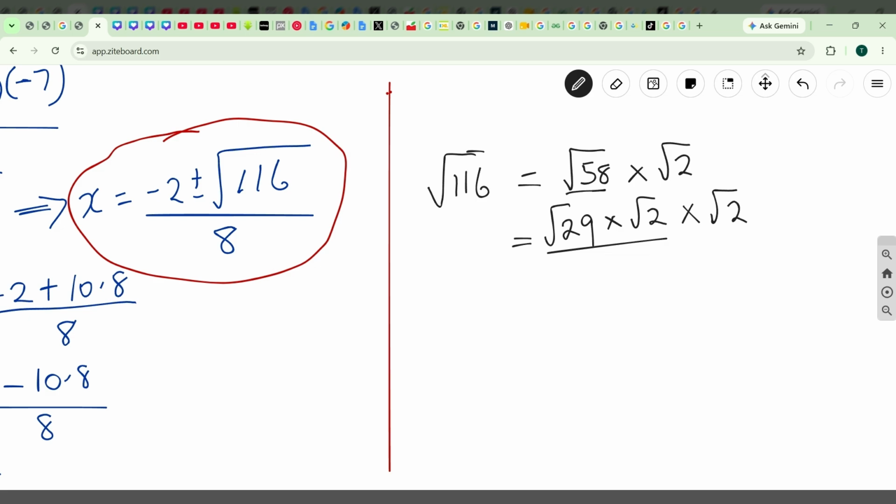Okay, so we can further break that down. Let's look at the square root of 29, a little trick on how I get this.